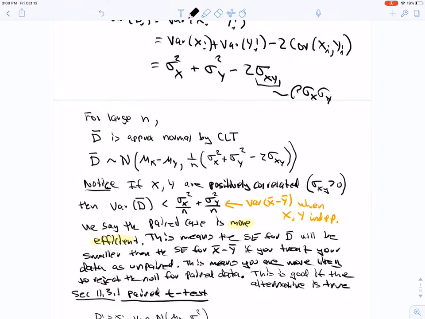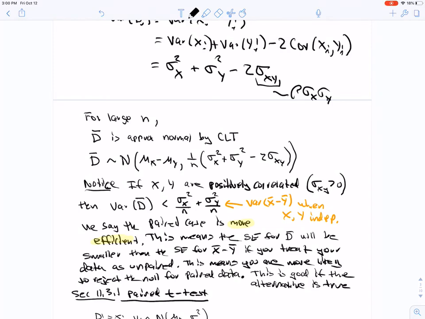So notice that if x and y are positively correlated, then the variance of D bar is less than what the variance would be if x and y were uncorrelated.